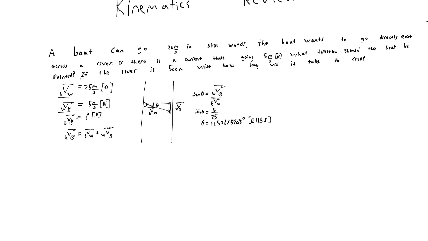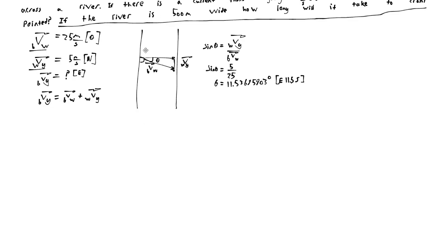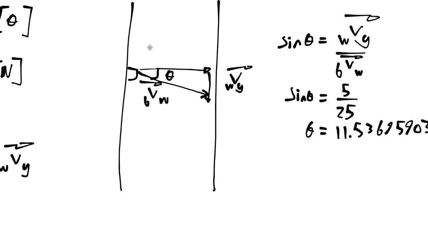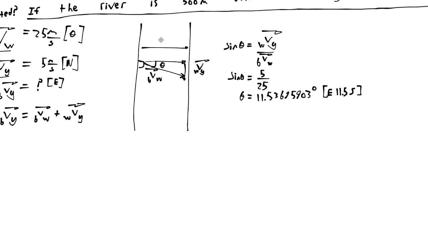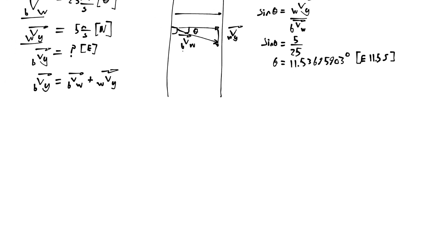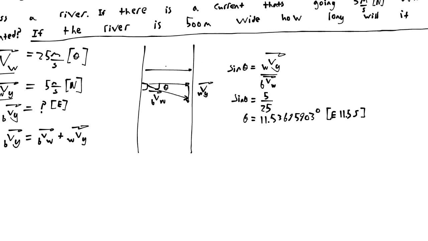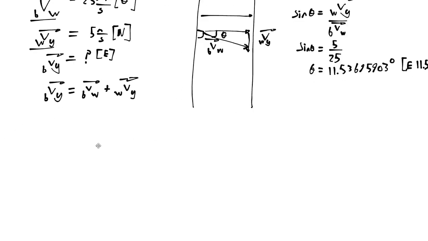And then finally, the second part of the question: if the river is 500 meters wide, how long will it take to cross? So the distance is speed multiplied by time, right?